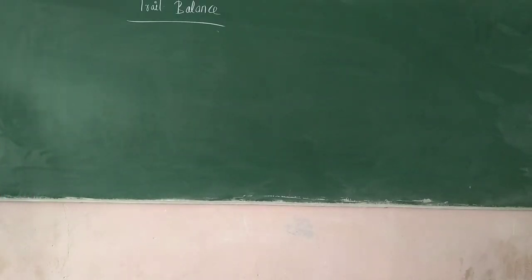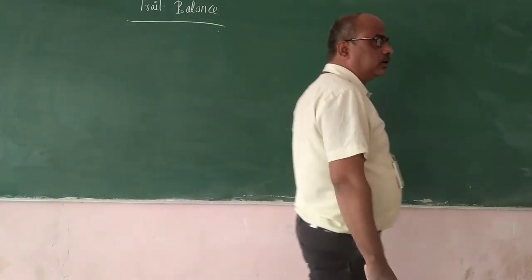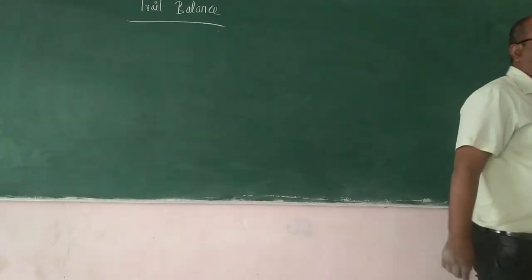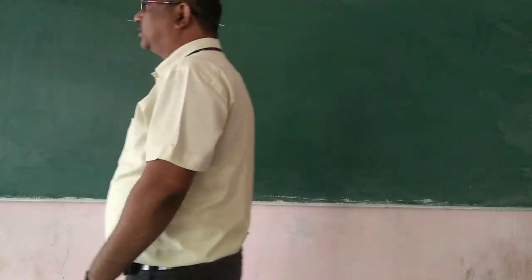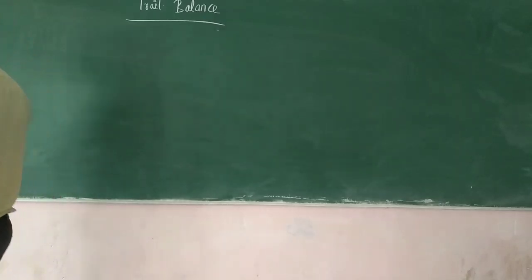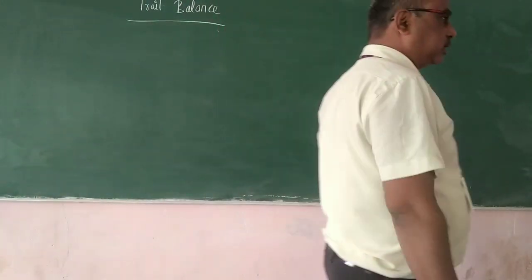They may ask you some one-sided errors and some two-sided errors as well. Now coming to the next topic in the same chapter, preparation of trial balance. Today we will see how to prepare the trial balance.